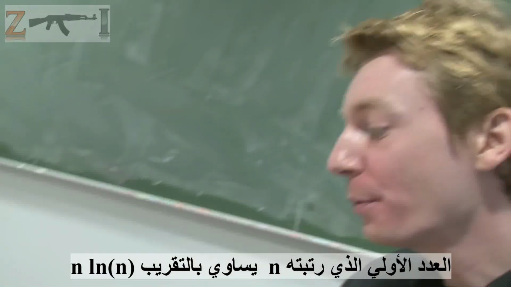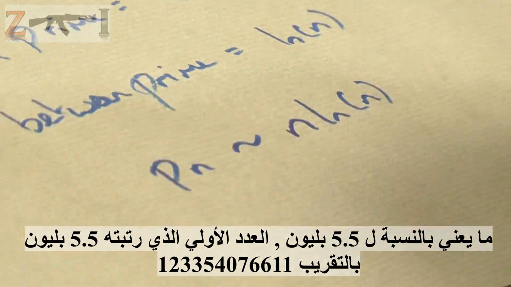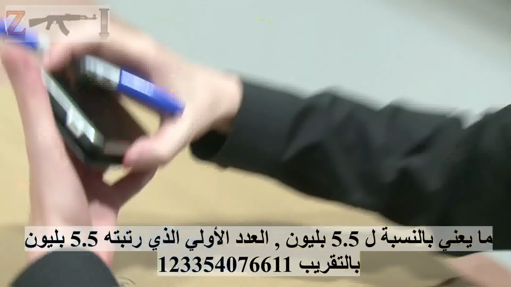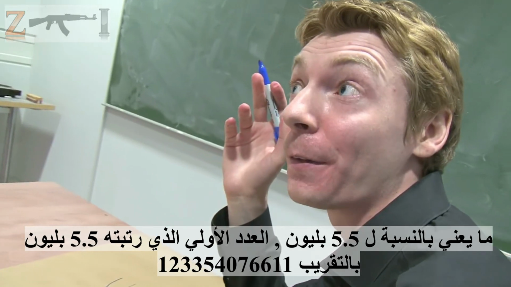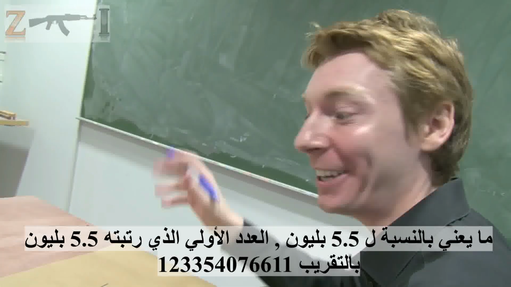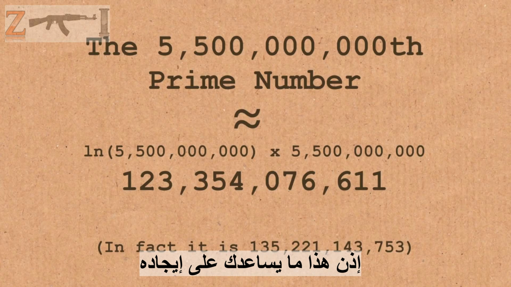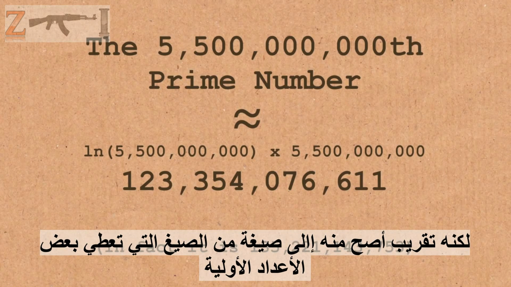The nth prime is approximately n log n, which means 5.5 billion. The 500,000,000th prime is... it's a better result the bigger the number is. So it helps you find it, but it is an approximation rather than one of those prime number formulas that give exact primes.